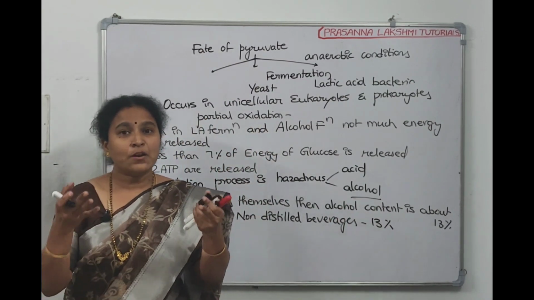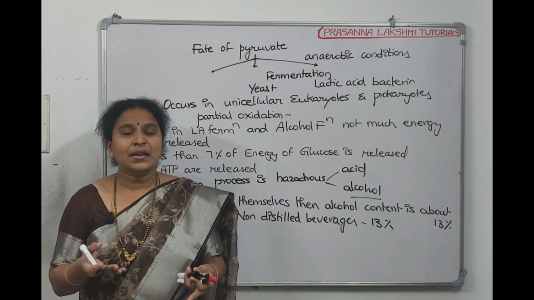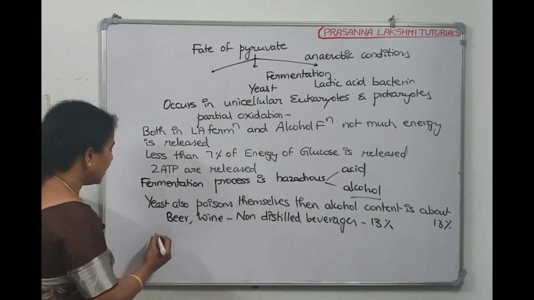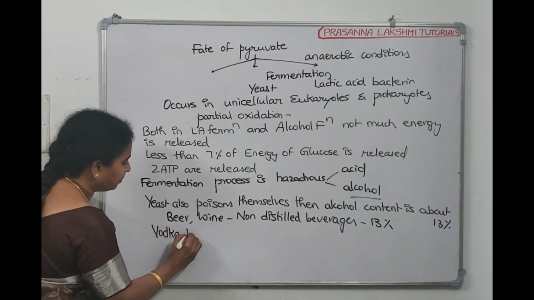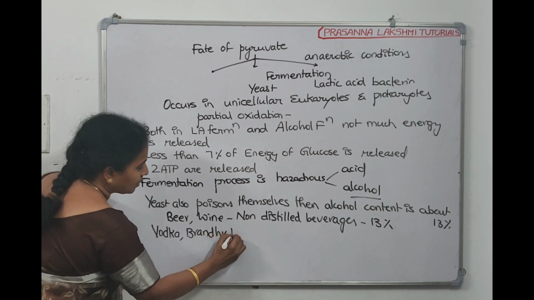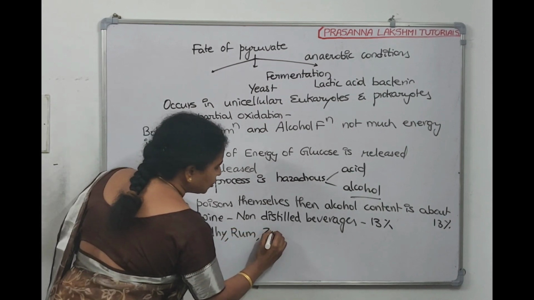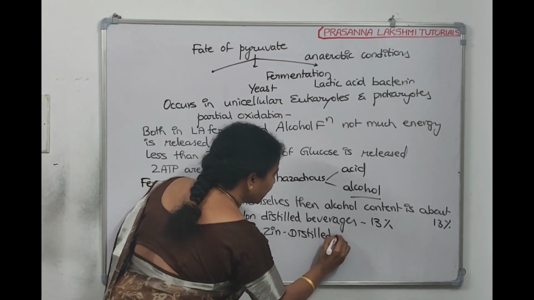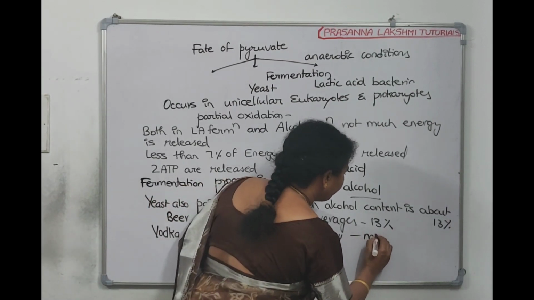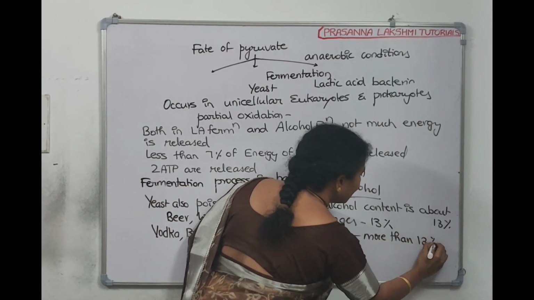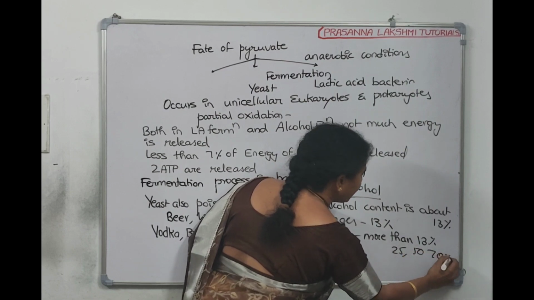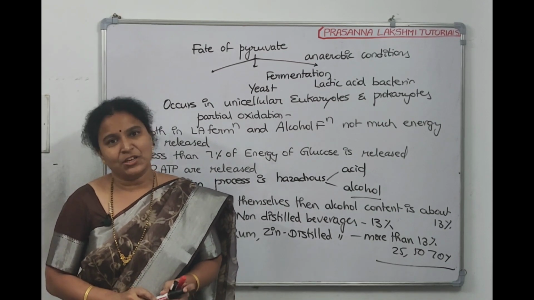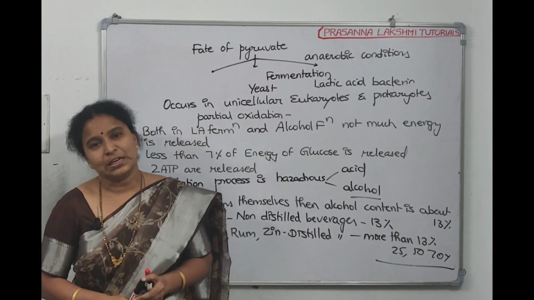Whereas when you concentrate it by distillation, the alcohol content increases to 30, 40, 60, 70, 80 percent. Examples of distilled beverages are vodka, brandy, rum, gin, where the alcohol content is more than 13%. It can be 25, 50, 70, even 80%. So this is about alcohol fermentation and acid fermentation.